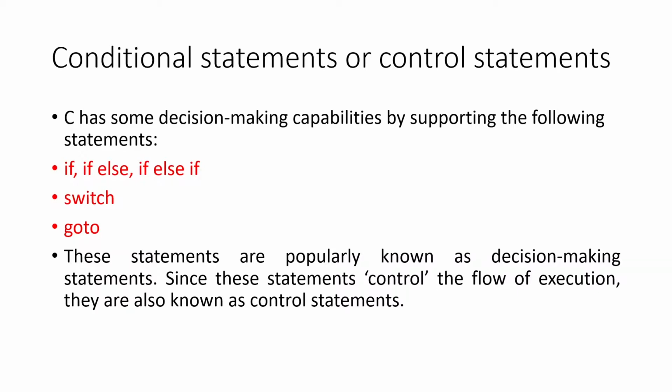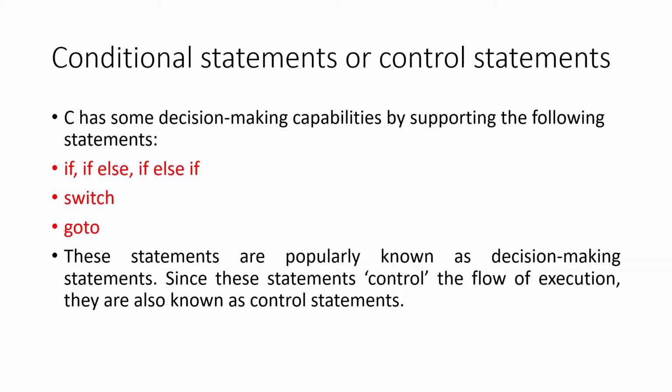They are called decision making statements or control statements because these statements have the ability to control the flow of execution. In normal cases, in the last programs, we know that it is executed sequentially from the first statement. Like int a, b, two variables are defined, then maybe their values are initialized, then printed, then if there is any assignment, say c is equal to a plus b, then print the result.